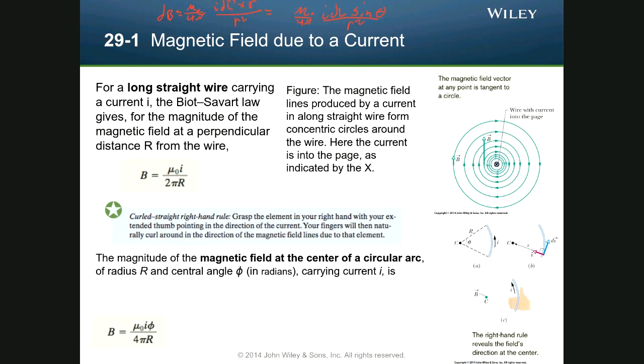But I want you to notice, look where my pointer is. Does the angle between r hat and ds change as we traverse the curved segment here, as the current traverses the curved segment? Does that change at all? Or will it always be 90? Always 90. Good.